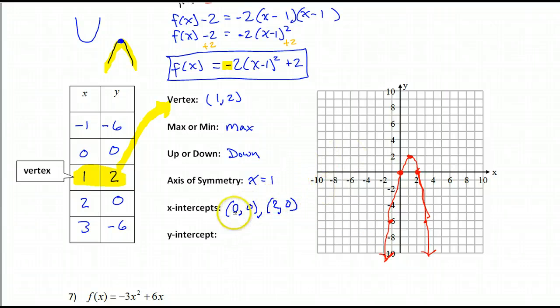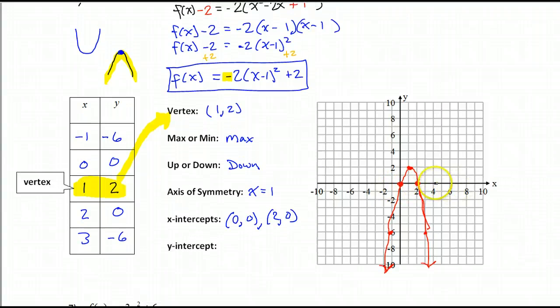If ever the x-intercepts do not show up right on the graph as integers, that I can just read right off the graph or the chart, we could always find them by setting this equation equal to 0 and solving it, but we did not have to do that this time.